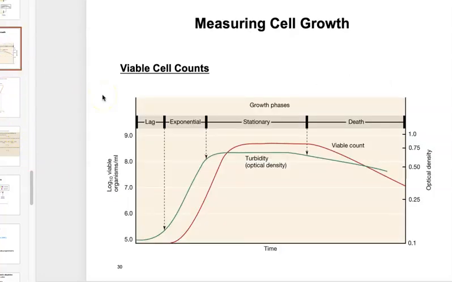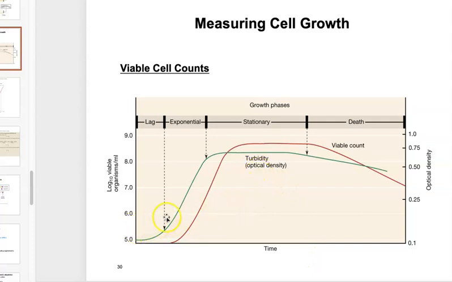When we look at it that way, through turbidimetry and viable plate counts and so forth, we can generate curves based on log viable cells in the case of viable counts, or optical density versus time when we use a spectrophotometer.